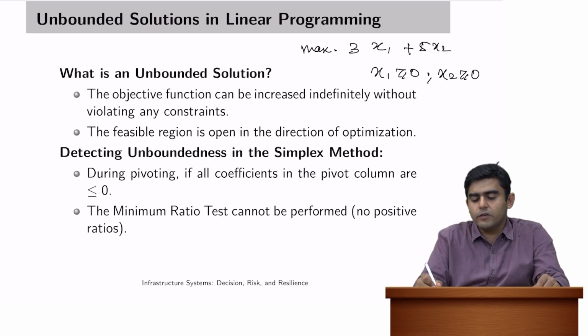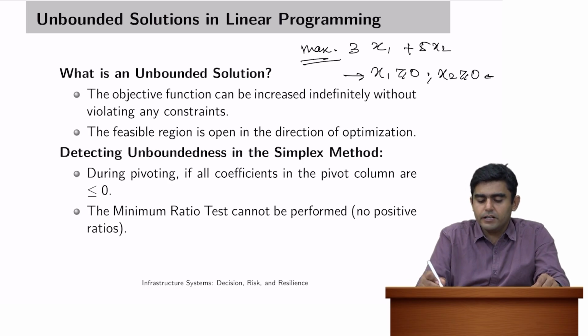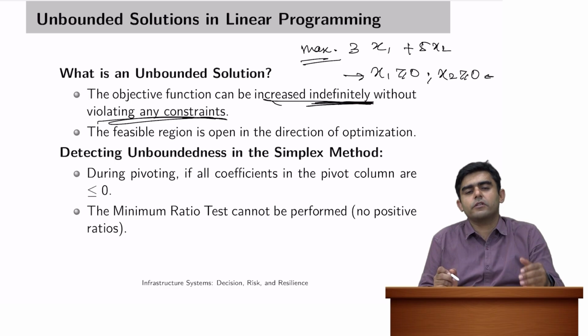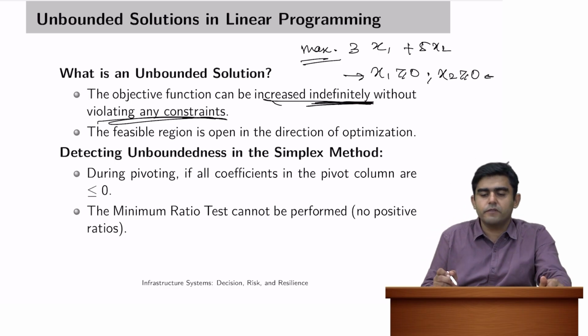Now it is very clear that if you make x1 infinite, nothing can stop you because there are no constraints limiting the value of x1, so your maximum value would come out to be infinity. In that case, we would say that your objective function can be increased indefinitely without violating any of the constraints. Now, this is a very simple example where your constraints have been simplified to only positivity constraints.